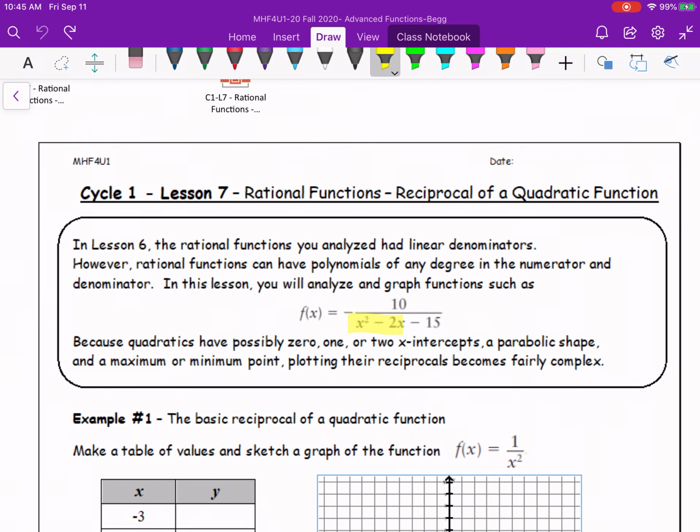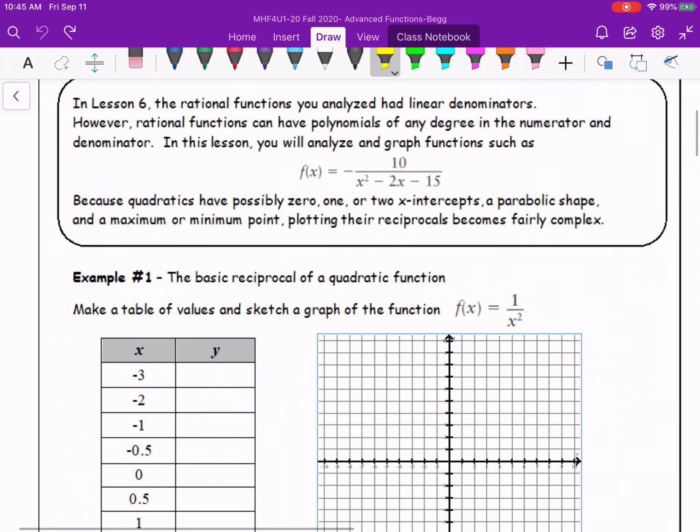Something like this one shown here. In particular, what we're interested in is if it has a quadratic on the denominator, because quadratics have possibly 0, 1, or 2 x-intercepts, and that's important.